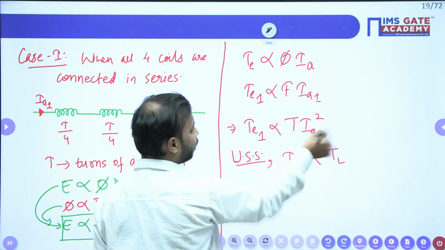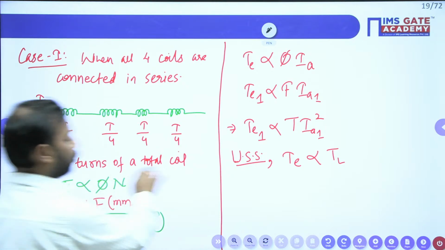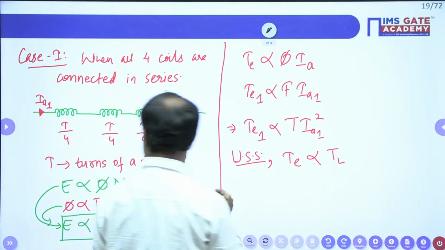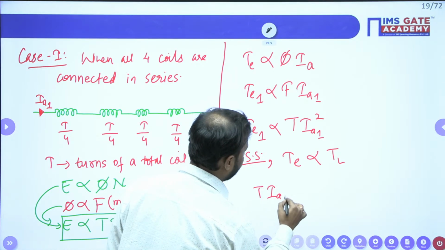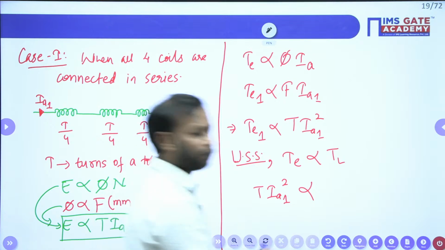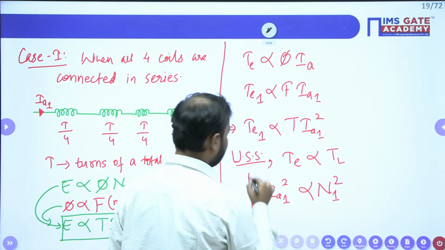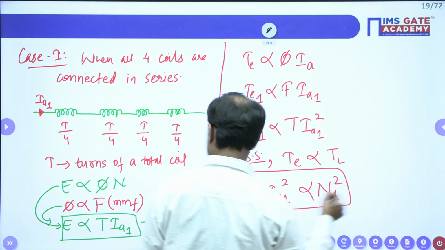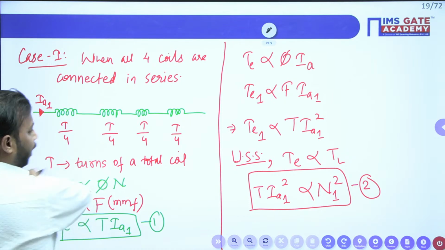This is not a, this is turns. I have written here turns of total coil. So here T Ia1 square is proportional to your load torque, which is proportional to square of the speed. So let me write it directly, N1 square. And this will be treated as equation 2. Done. Now let us move ahead.